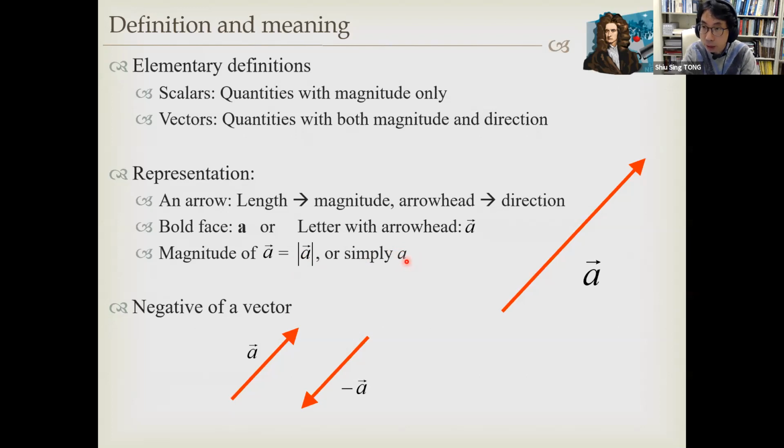So we simply use A without the arrow sign to denote the magnitude of the vector A. So A with the vector sign denotes the vector itself, and A without the vector sign denotes the magnitude of that vector. The negative of a vector is defined as that vector but with the opposite direction. So this is vector A, and this is vector minus A. We simply reverse the direction to get the negative of a vector.